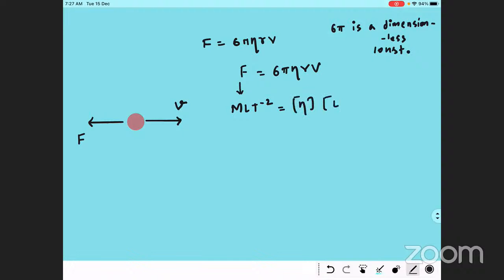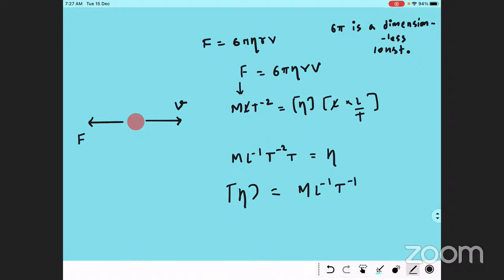For r, L, and for v, L by T. Could you understand that? What I'm doing, L will get cancelled. So you can transfer the other L to this side, M L minus 1, and T minus 2 into T. So the dimensional formula of eta is M L minus 1, sorry, and T minus 1. Could you understand that?